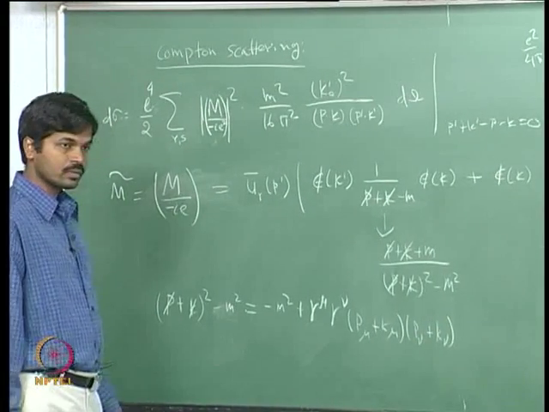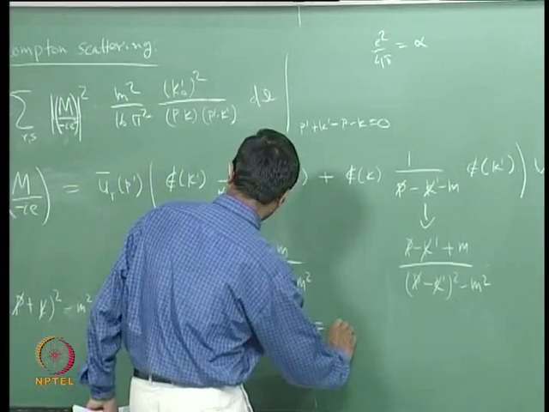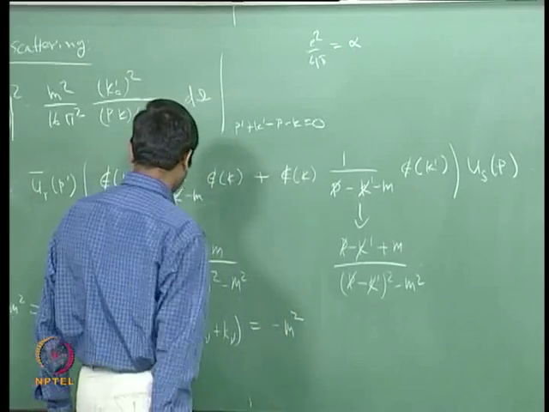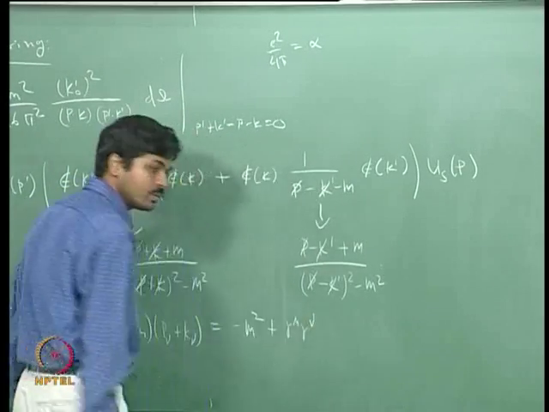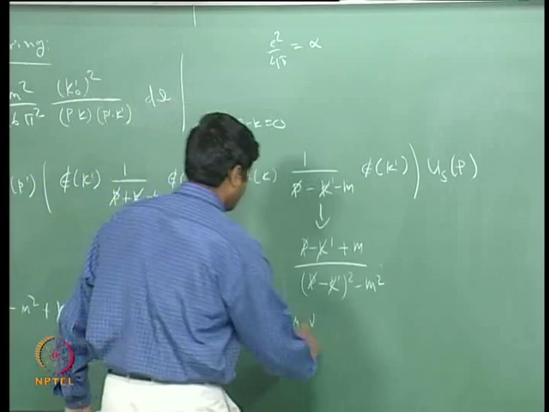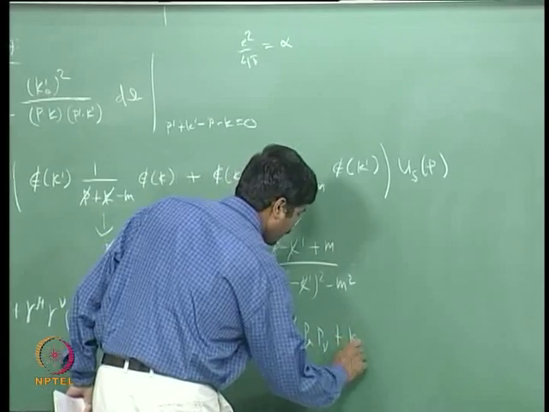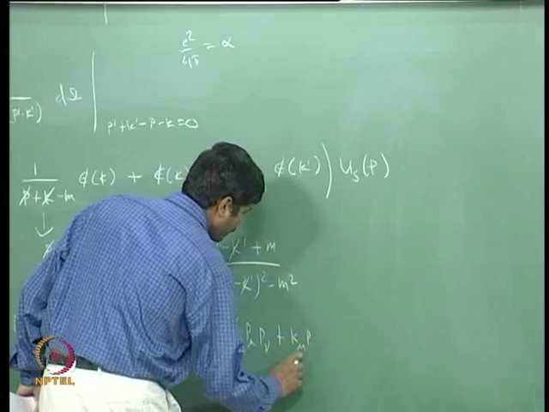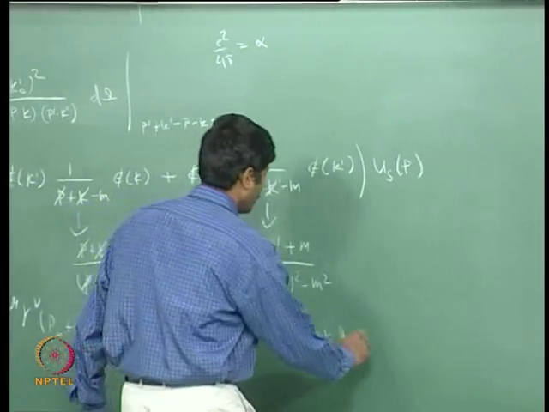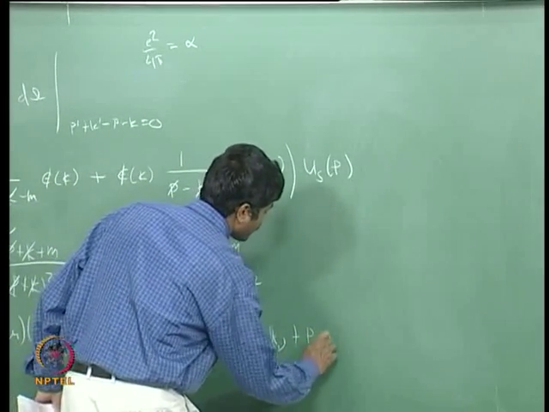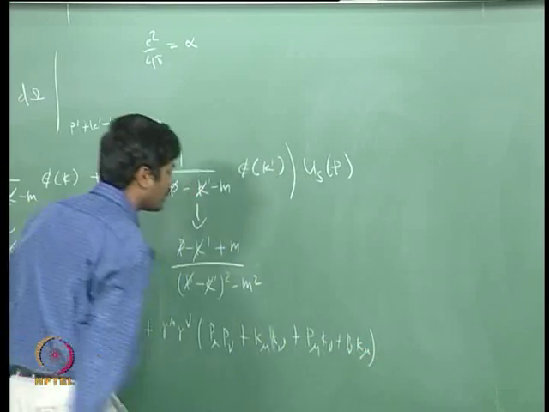So this quantity again is equal to minus m squared plus gamma mu gamma nu times (p mu p nu plus k mu k nu plus p mu k nu plus p nu k mu).